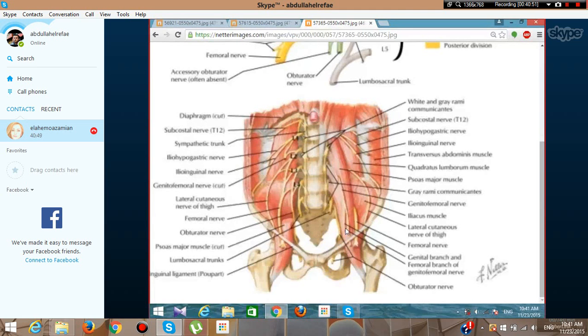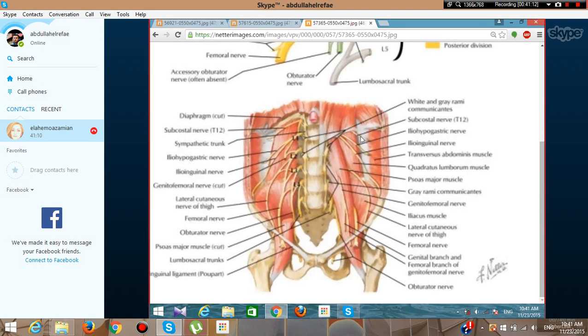Now again, look, what are these two that you see on quadratus lumborum? Iliohypogastric, ilioinguinal. Yes, very good. I ask you a question. What is this one? You think it's coming from under diaphragm down and it's above iliohypogastric.